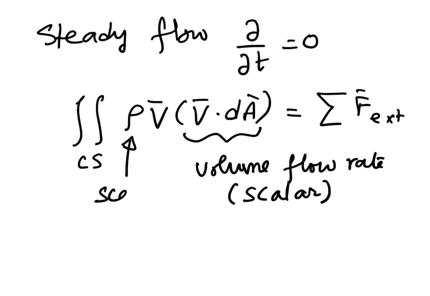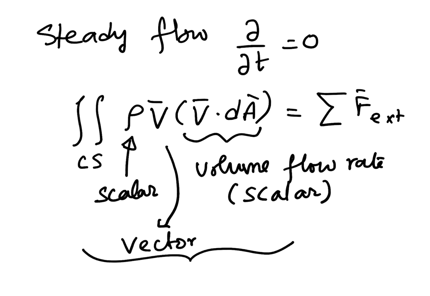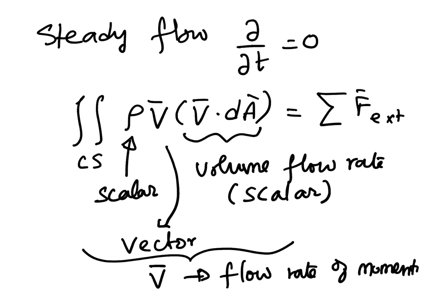This quantity here is also a scalar, and velocity of course is a vector. So what you have on the left side is a vector. It is specifically the flow rate of linear momentum.